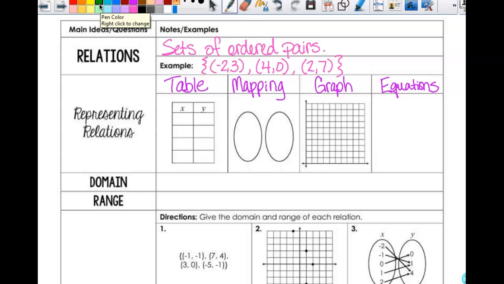All right, so in the table, let's put some numbers here. We're going to put, in the x's, 2, 4, 2, 8, and then -2, 0, 7, 12.